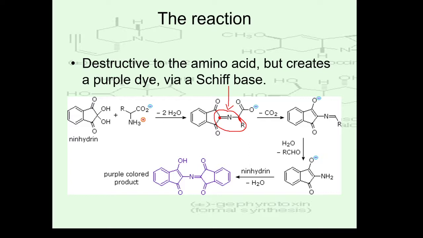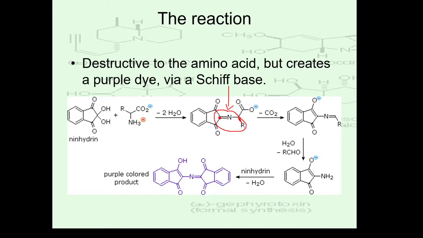And she said, I learned it in organic. So a Schiff base is a carbon that's bonded to other carbons and double bonded to nitrogen. It's a C double bonded to an N that's bonded to another carbon chain.